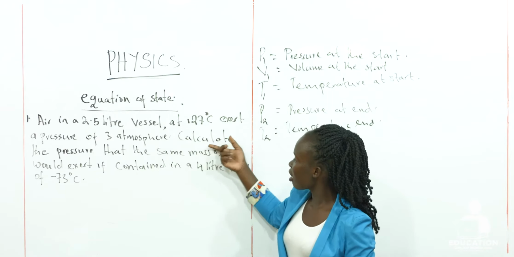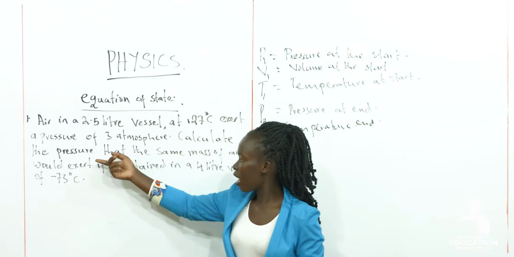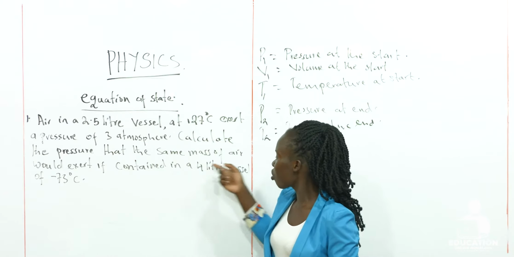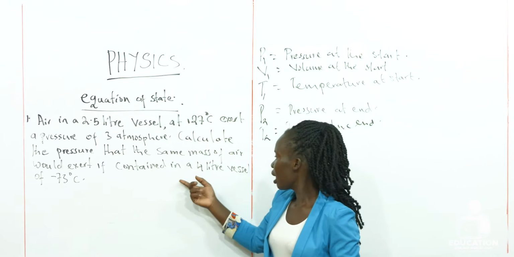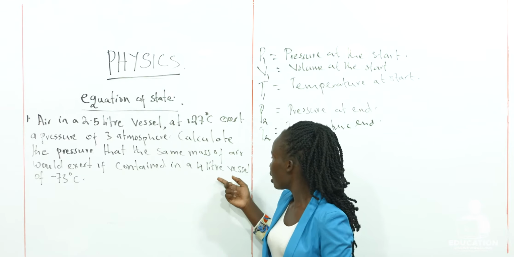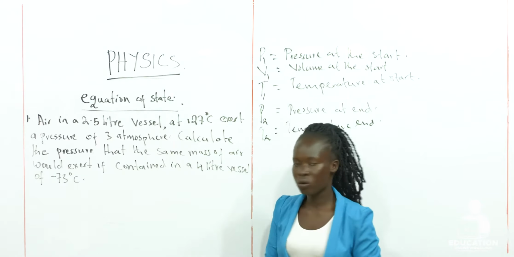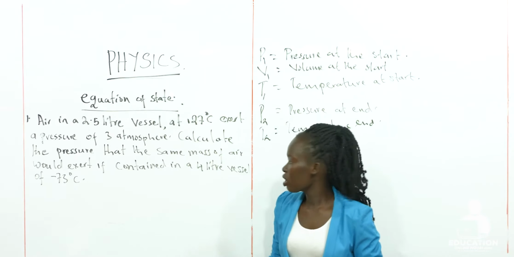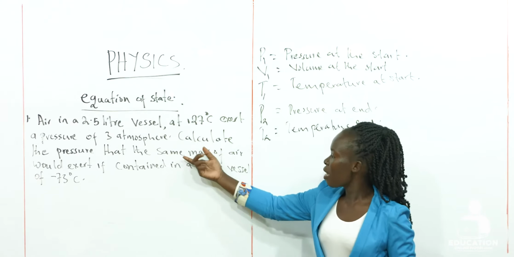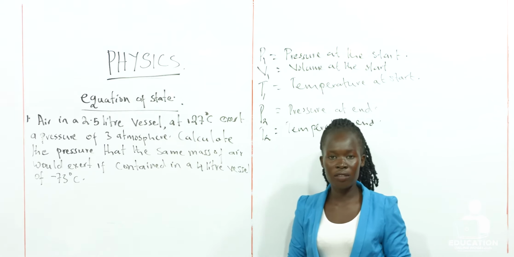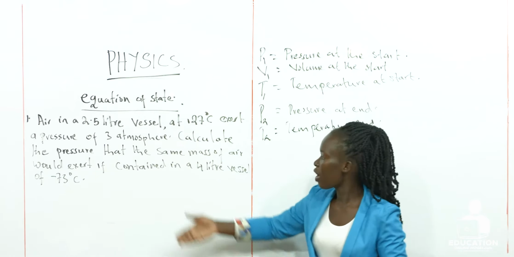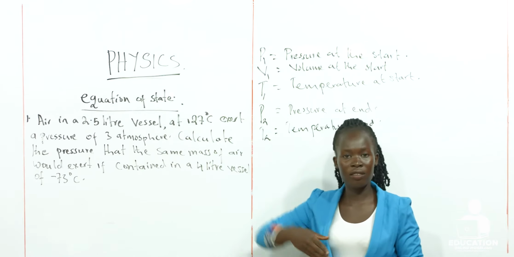Now they're telling us to calculate the pressure that the same mass of air would exert if contained in a 4 liter vessel. The mass here is brought so that we know the volume of this gas. We want to find the pressure it is exerting.